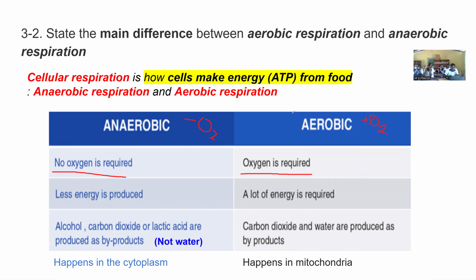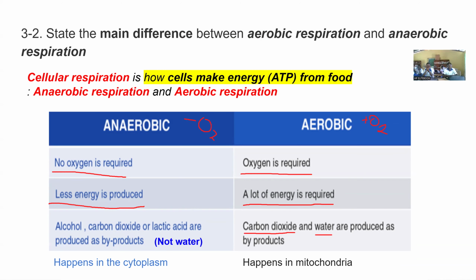Compared to anaerobic respiration, where less energy is produced, in aerobic, a lot of energy is produced. And there is also a difference in the resulting products. So in aerobic, we talked about how carbon dioxide and water are produced.